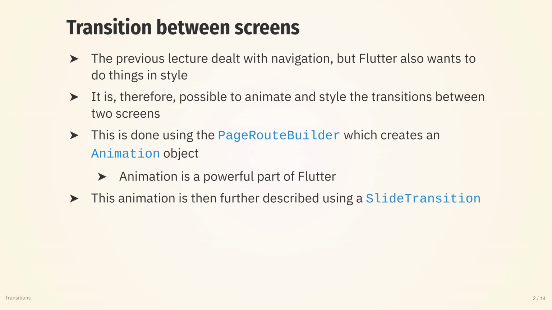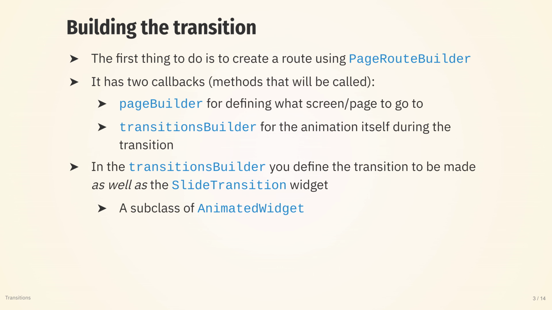So we can animate using the page route builder to create an animation object, and we use that with the slide transition. So basically we create a page route builder which takes a page builder which defines, as with the normal navigation way of doing things, which screen page to go to, and then we have a transition builder for helping us do the animation itself.